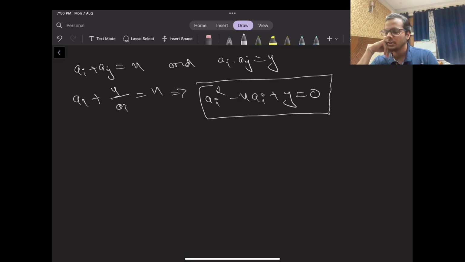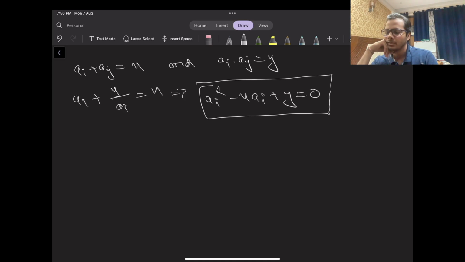Now the only question is, how would I solve this quadratic equation? There are a few ways I can do this. One of the ways is by using ternary search, and the other way is to just simply apply the quadratic formula.